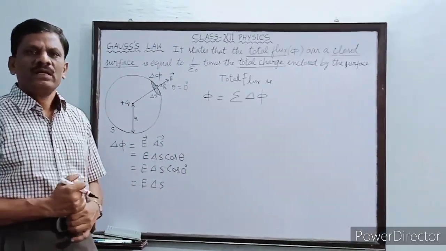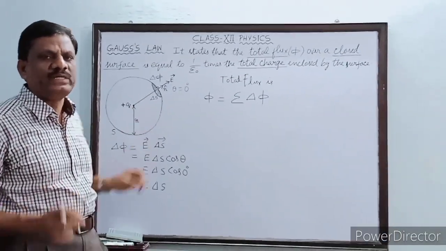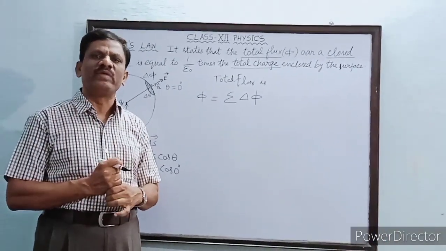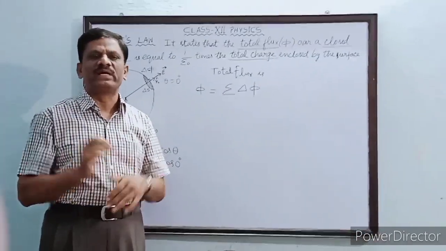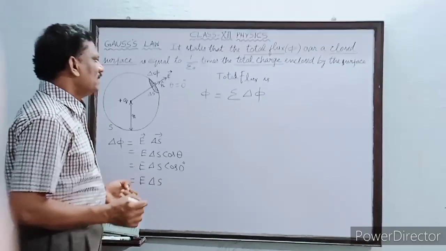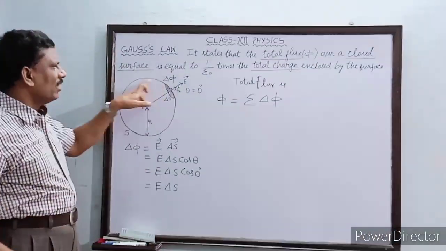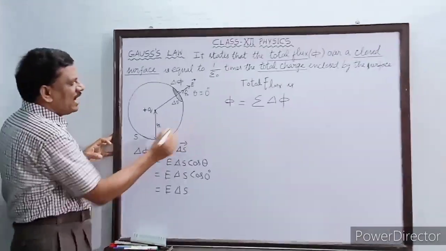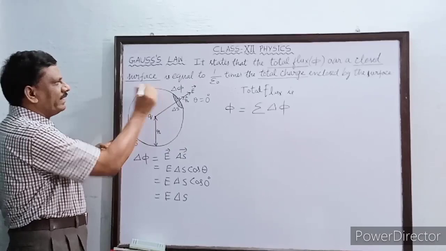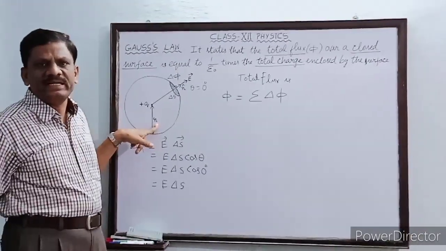I told you, each small area delta S we have to consider, and through each area we have to find out how much flux is passing, and add all these elementary fluxes to get the total flux. But you see that each point on the sphere is at the same distance. Suppose you take a point here or below this or on the left side or on the top, all are at a distance from the center equal to the radius of the sphere.